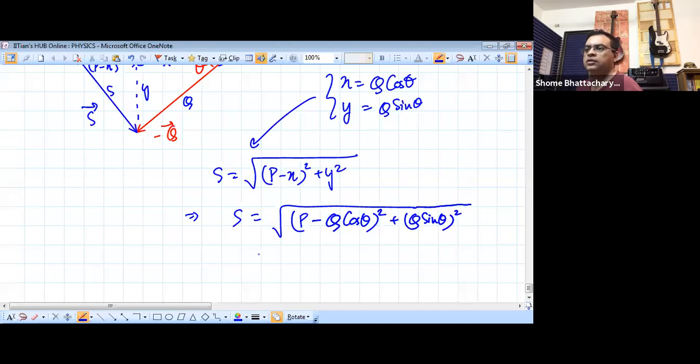Okay. So this will become how much? This will become p square minus 2pq cos theta. The same method of derivation, but only there will be a minus sign with the cos theta term. Plus p square cos square theta plus this term is q square cos square theta.